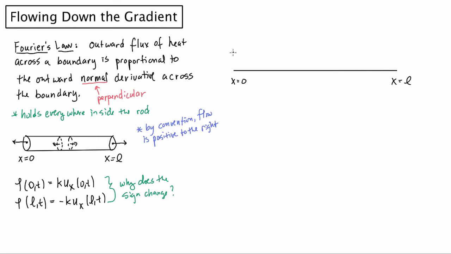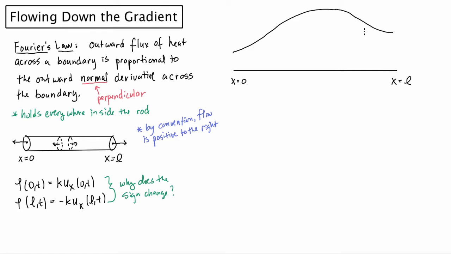Let's say it's going here and then here and then something like that. So I'd like to smooth that out a little bit. So let's say that this is initially what the temperature of the rod looks like.